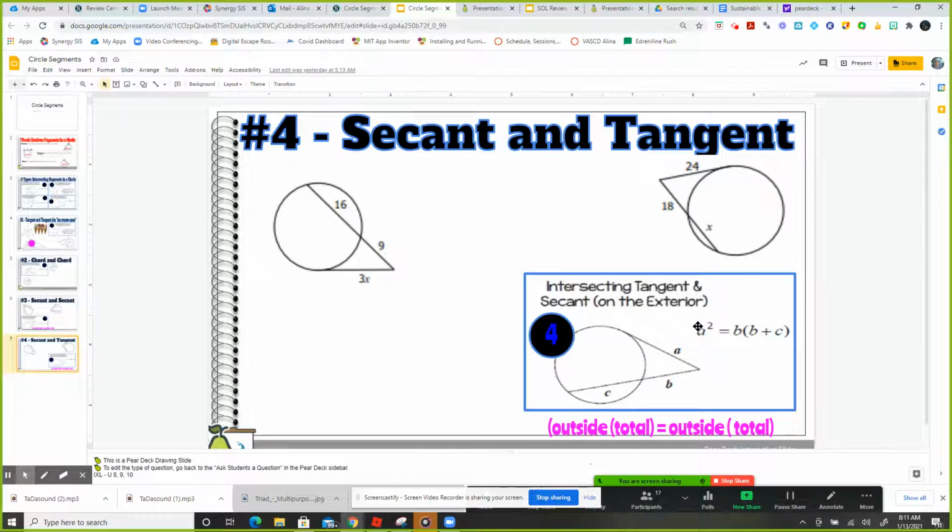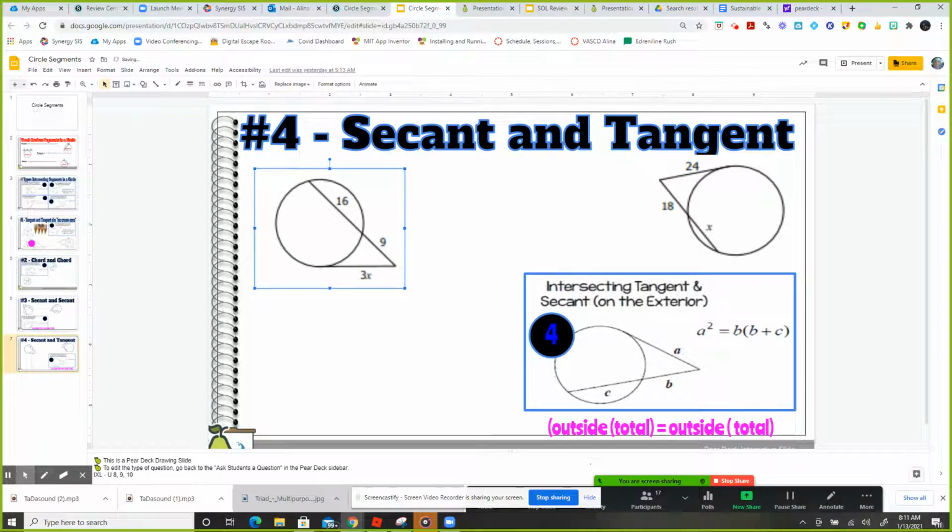So if we look at 9, that's the outside, and then the total is 9 plus 16. So we'll do 9 times 9 plus 16. And then on the other side, still the outside times the total.